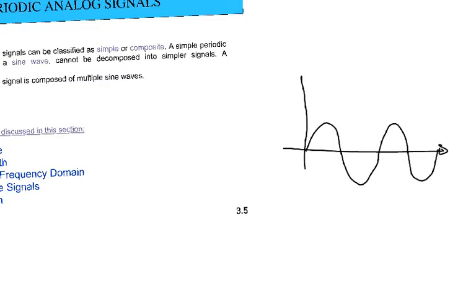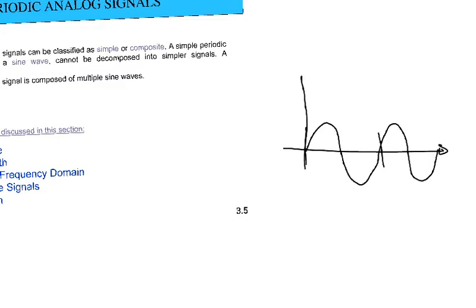Okay, it's obviously periodic. Why? Because it has one cycle, and this cycle repeats all the time. And it's analog because it takes different values at different times. So this is obviously a periodic analog signal.